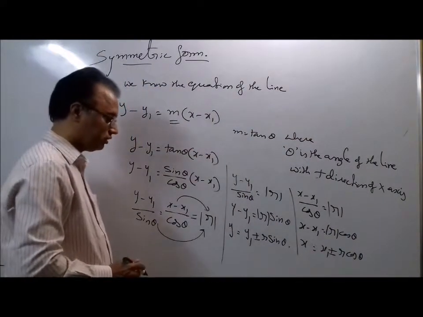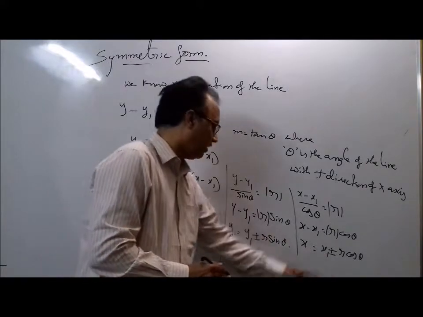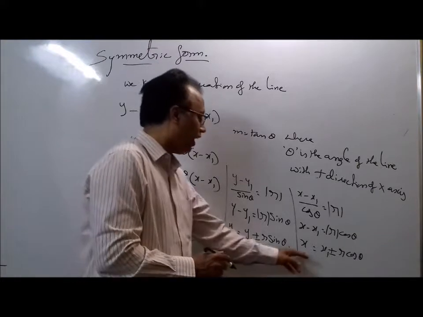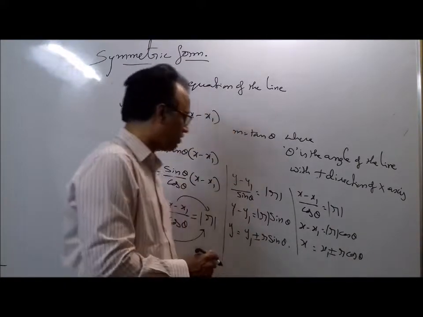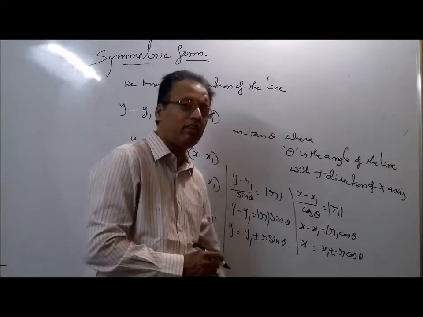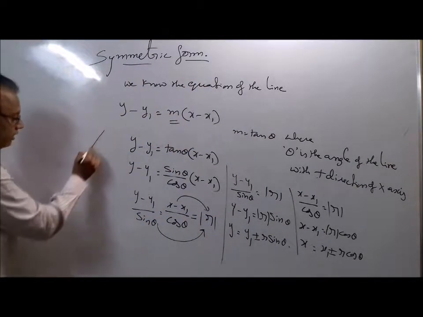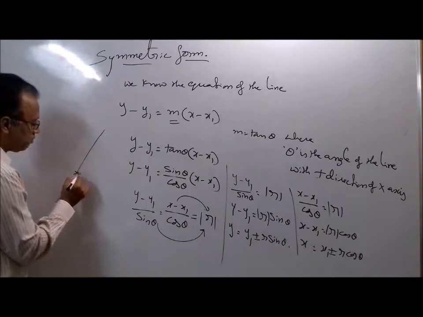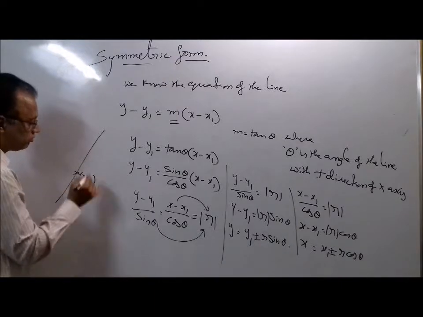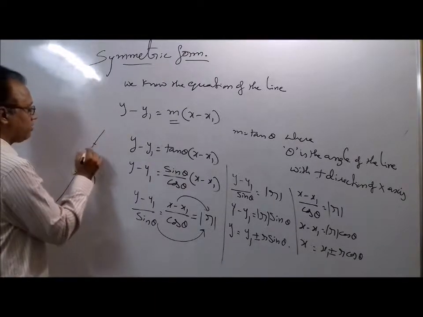So for any point, xy can be x1 plus or minus r cos theta, y1 plus or minus r sin theta. Suppose this is the line, and this is the point x1 y1. Suppose this is a particular distance r.